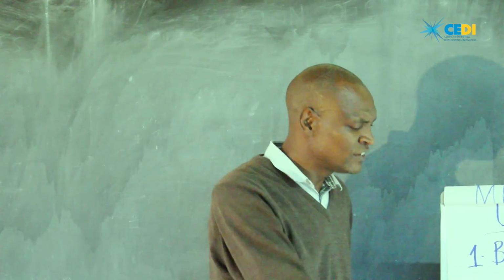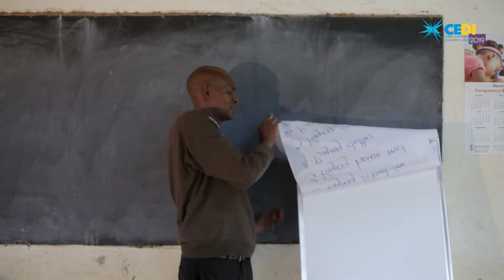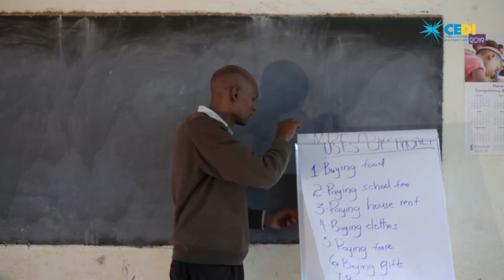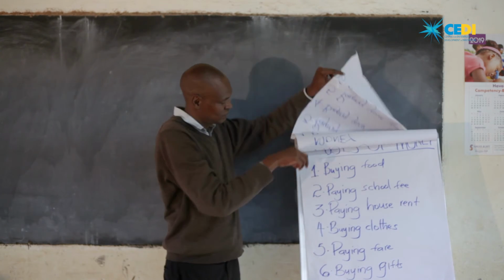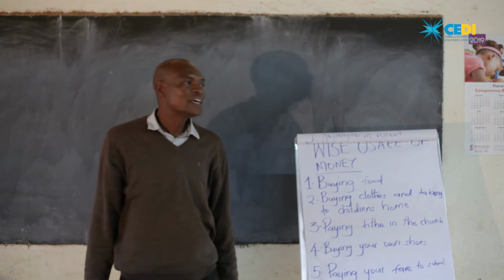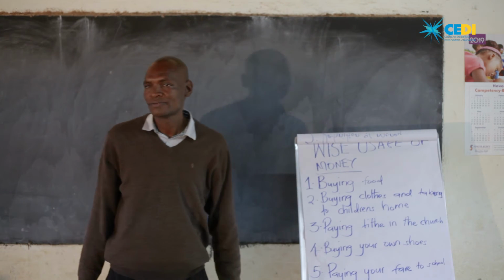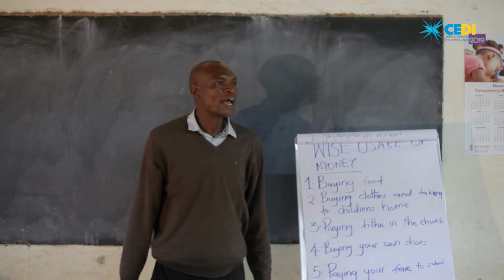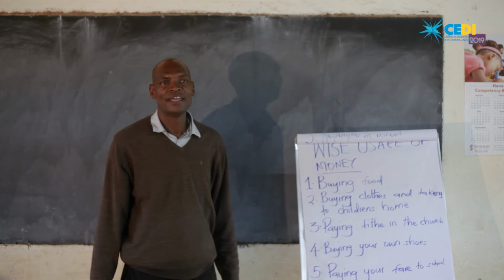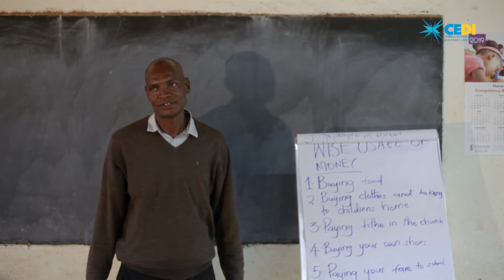So, there is a question which comes to mind when we talk about uses of money. Is there any case where money can be used in a wrong way? Yes, there is.